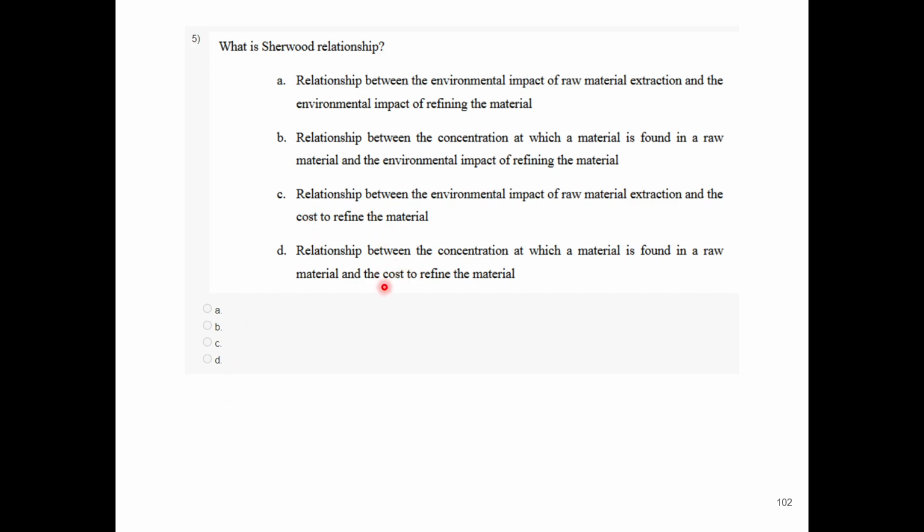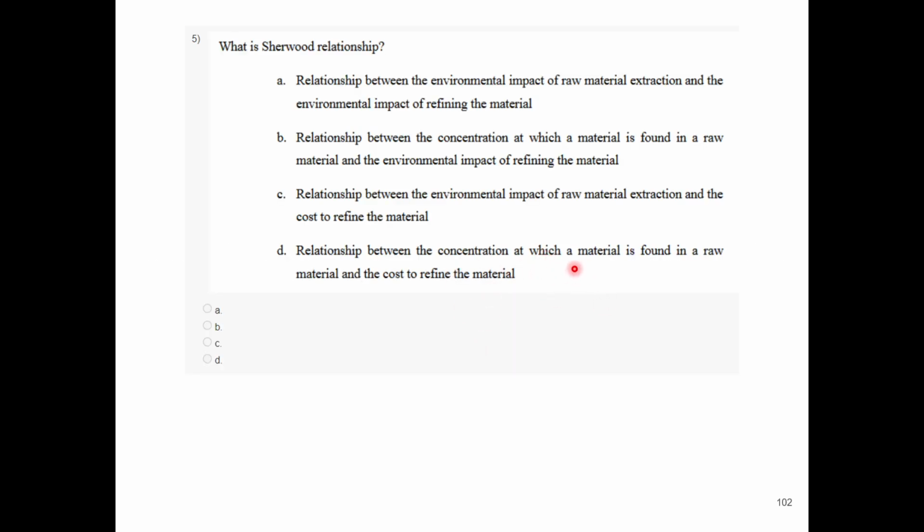If you remember, it is basically an approximate relationship. Sherwood relationships are approximate relationships between the concentration at which a material is found in a raw material and the cost to refine it. So it is the concentration at which a material is found in a raw material. So A and C are not correct options.